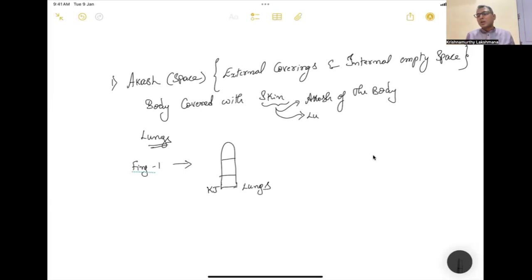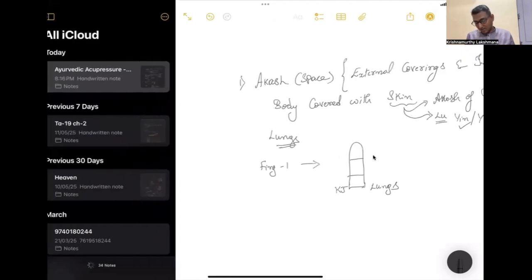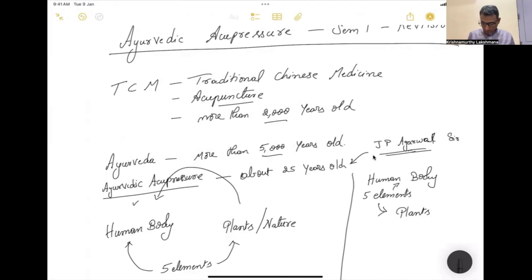Sir, how did it go from Akash to Kapha joint? So now lungs is what, yin or yang? Yin. Kapha is yin. Yes or no? Yes.